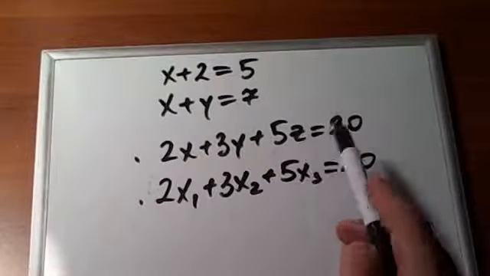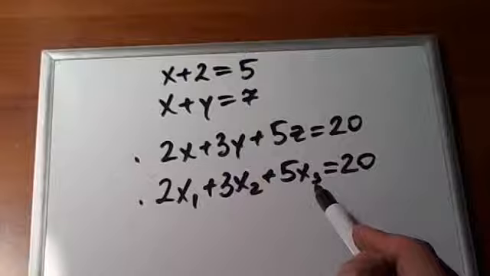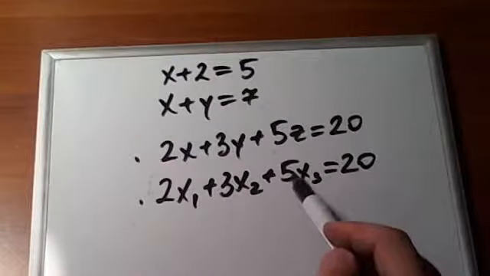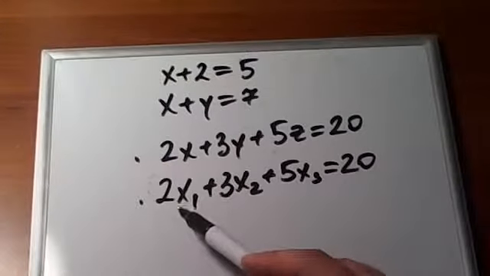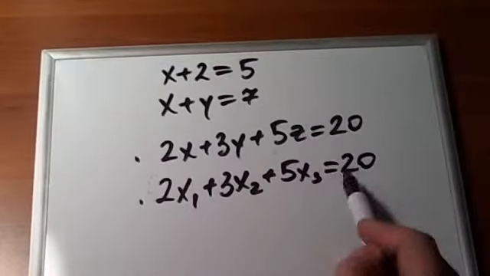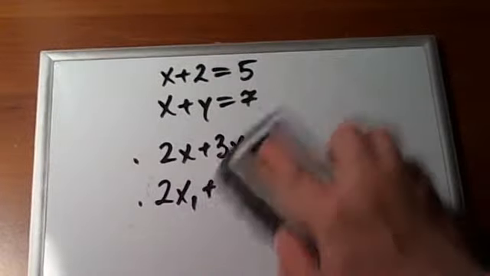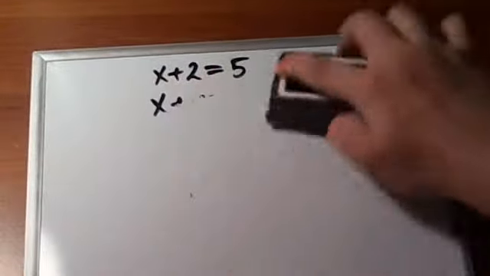Instead of variable z, we used variable x3. But the same constant equal to the same thing. It's quite common to see linear equations written in this form. And they could have as many unknowns as you can possibly imagine.